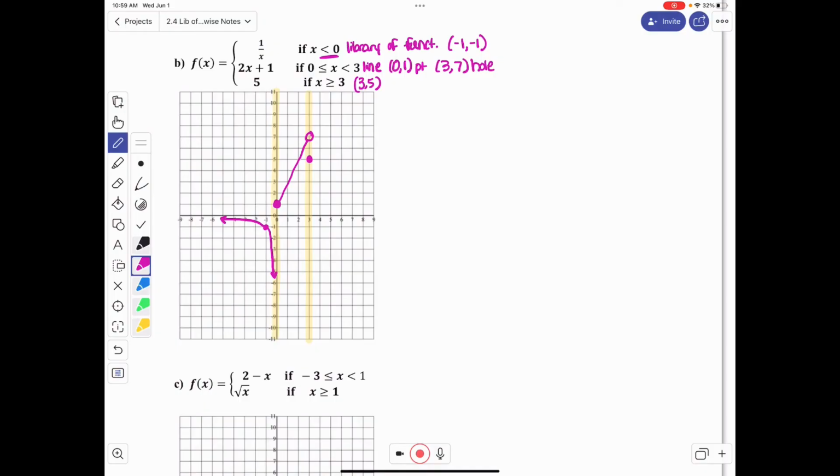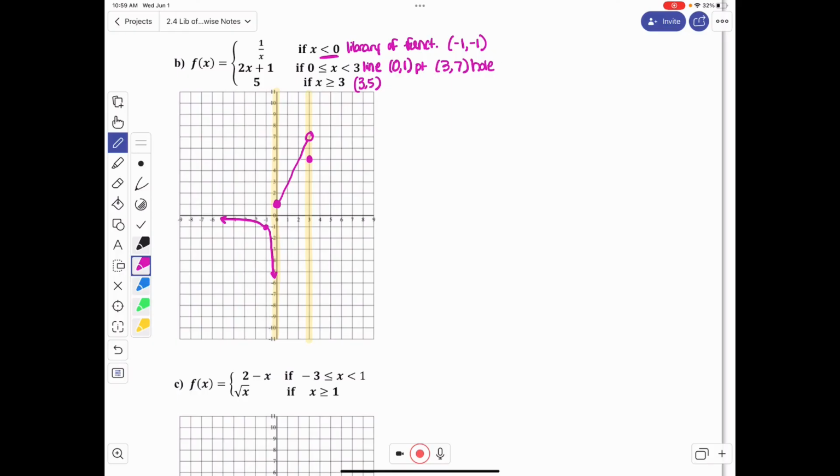And then the y-intercept right here came from the 2x plus 1, just by looking right here on that graph. We have no x-intercepts on that one, because watch what happens.